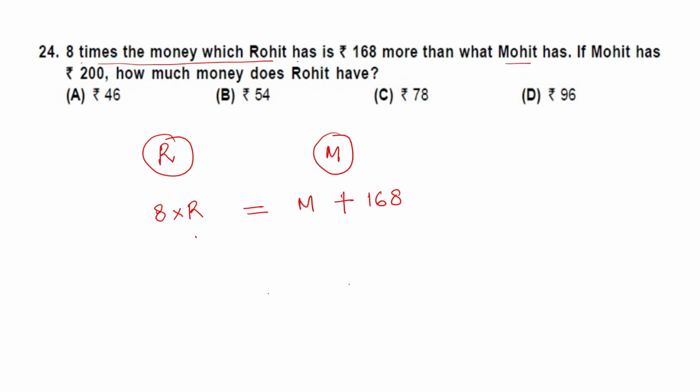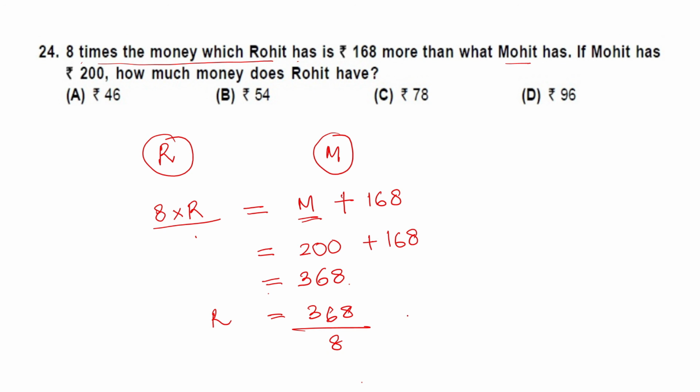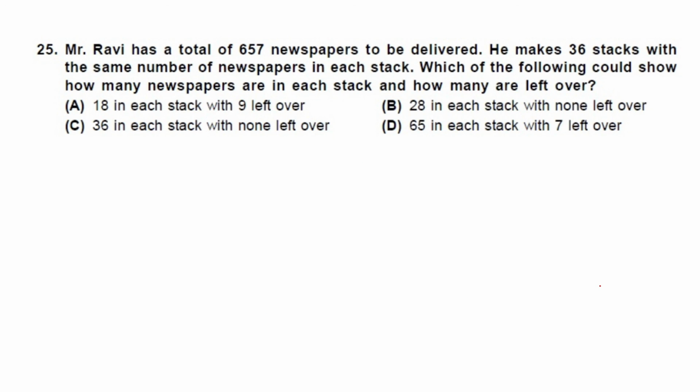Now if Mohit has 200, we'll replace it with 200 plus 168, 368. So we know 8 times Rohit's money is 368. So Rohit's money is 368 divided by 8, which is 46.